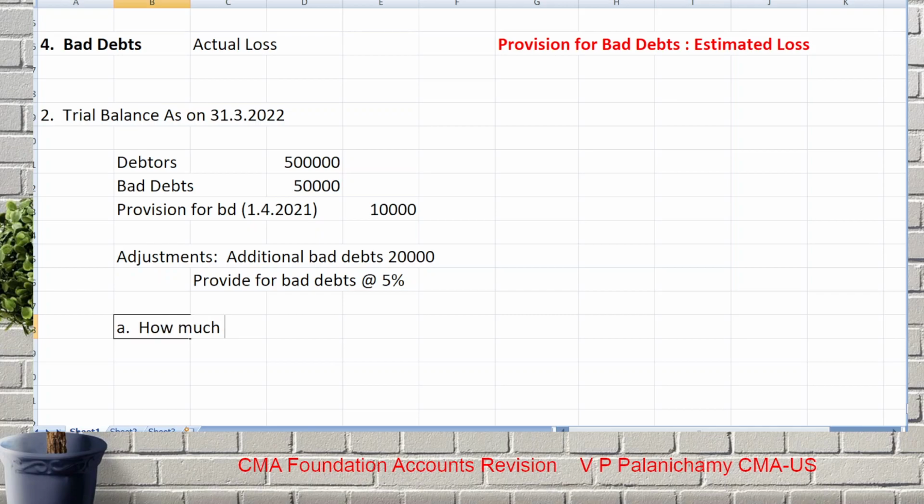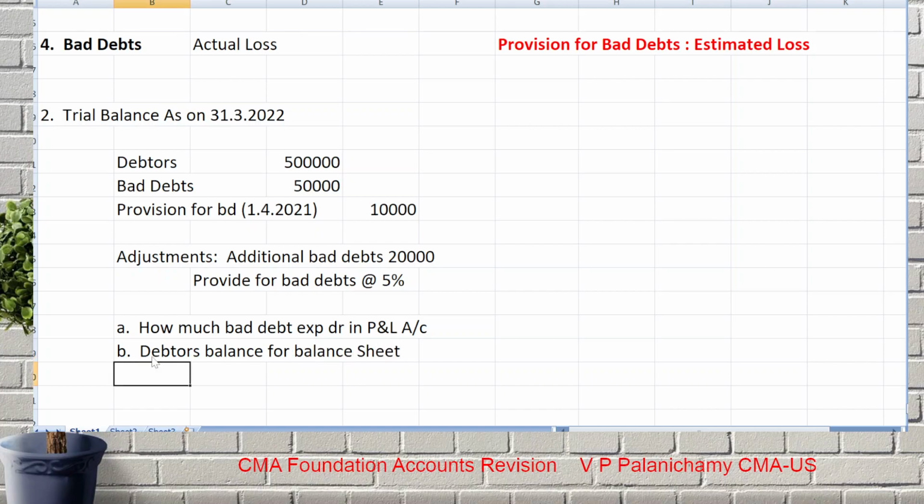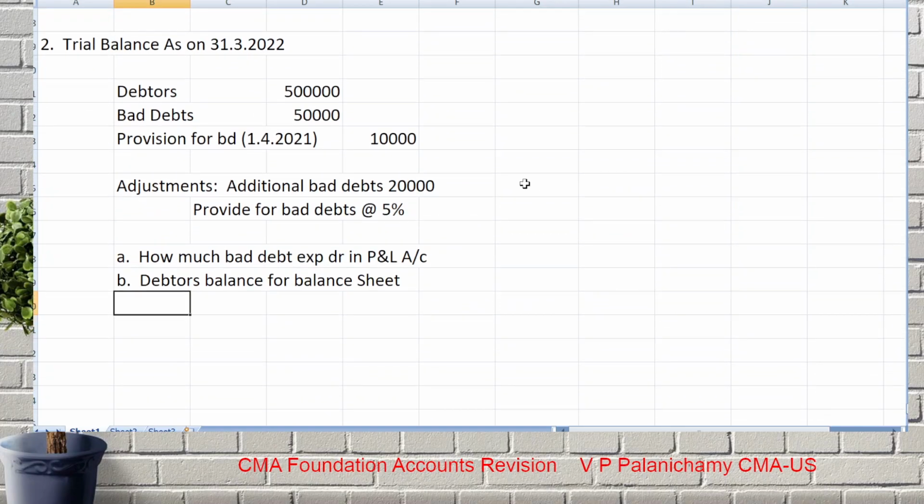How much bad debt expenses debited in P&L account? Debited in which account? P&L account. Number simple. Second question may be debtors balance. Debtors balance for balance sheet. இந்த மாதிரி ரெண்டு question கேட்கலாம்.